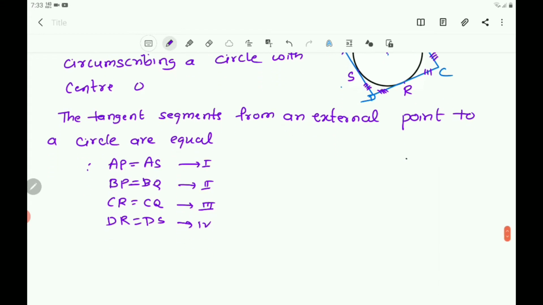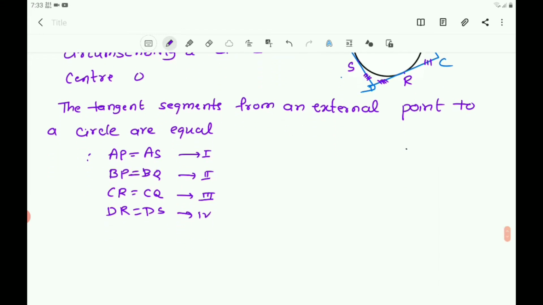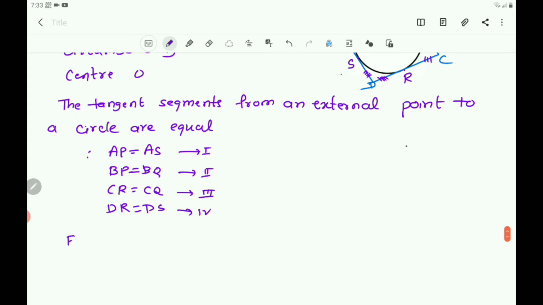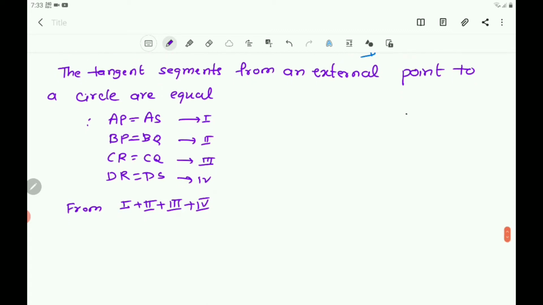Now add all this, first plus second plus third plus fourth. Add all the four, adding LHS to the LHS and RHS to the RHS.